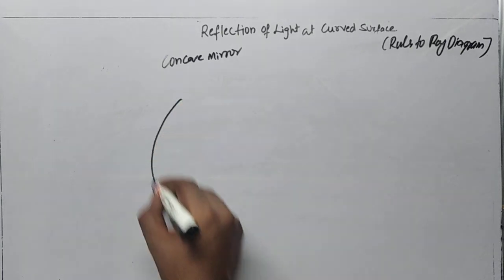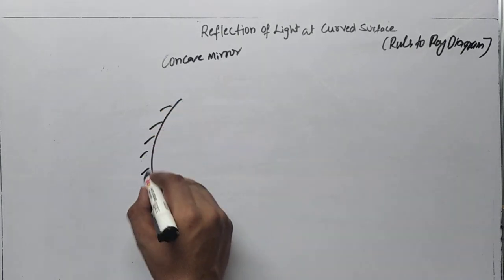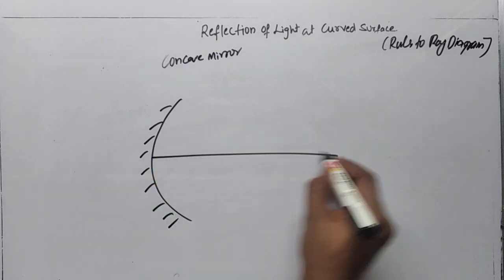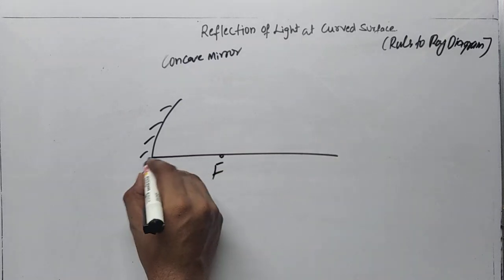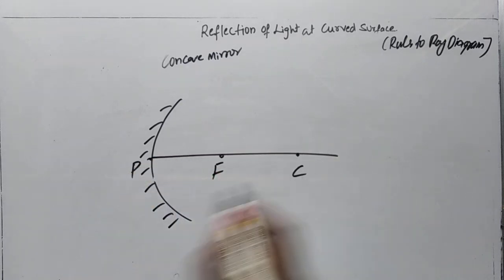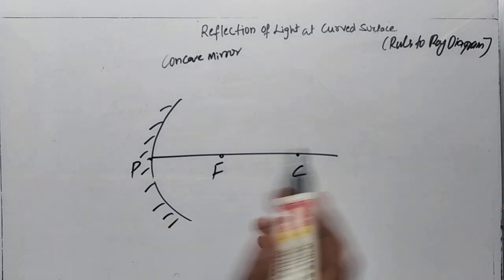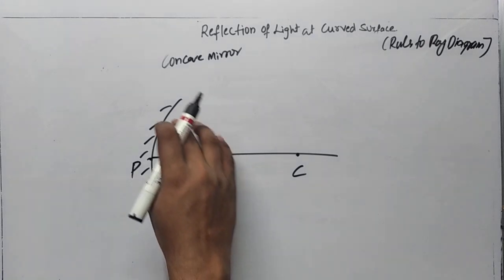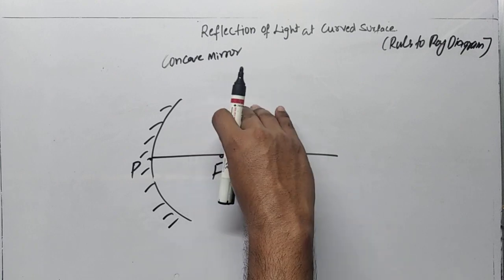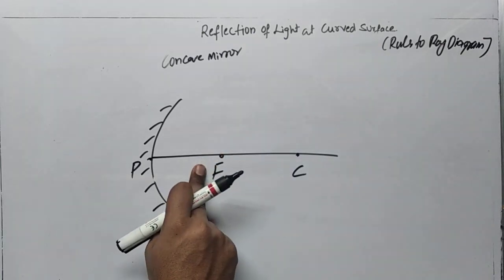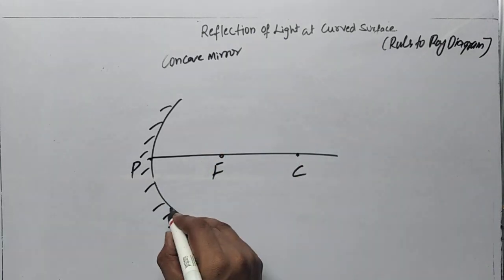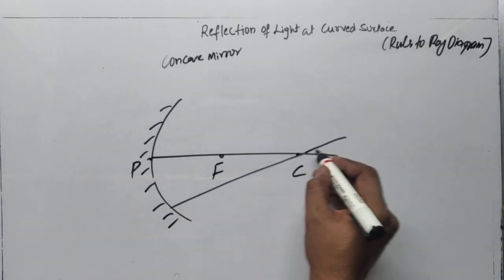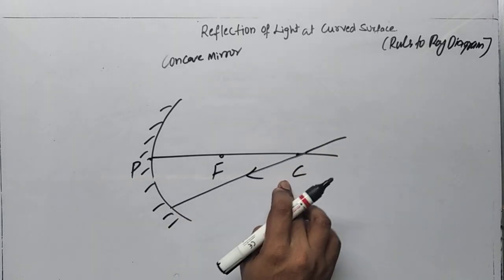Next, rule 3. This is the focus, pole, center of curvature. In the third case, first we took a ray parallel to the principal axis, second a ray passing through the focus, and third we take an incident ray passing through the center of curvature.